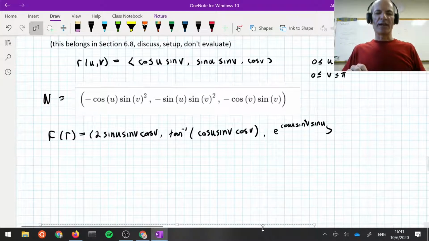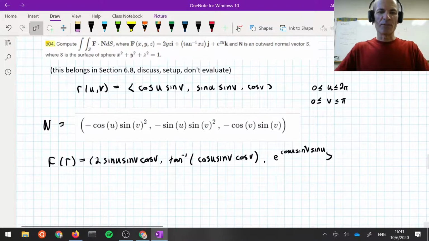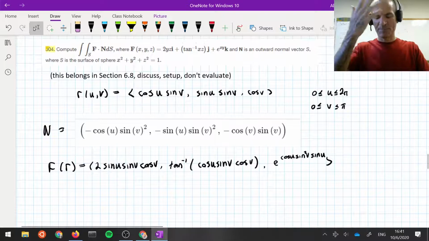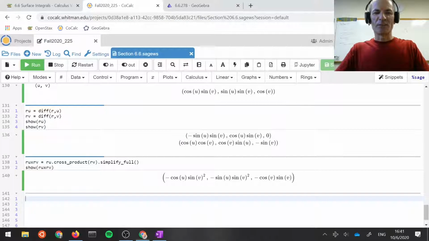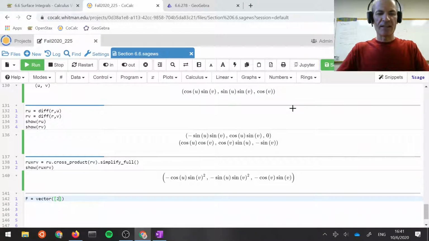I guess just for the heck of it, let's see if we can pull this off in Sage. So let me build F. F is the vector 2yz, arctan of xz, and last but not least the exponential of x times y.